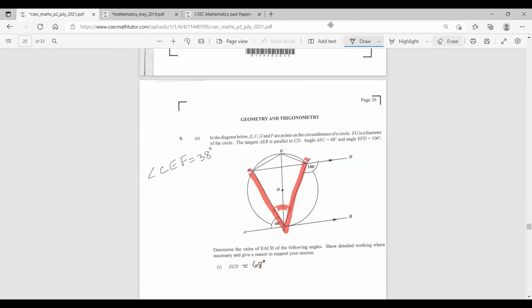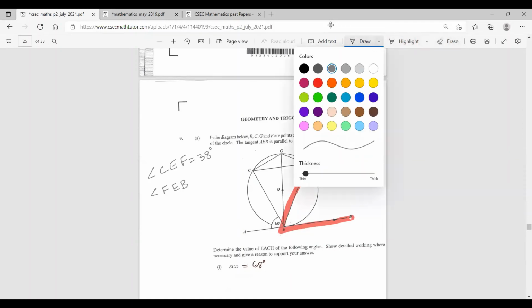All right, if the question asks you to work out angle FEB, how much would that be? F to E, E to B, how much would inside here be? 74.